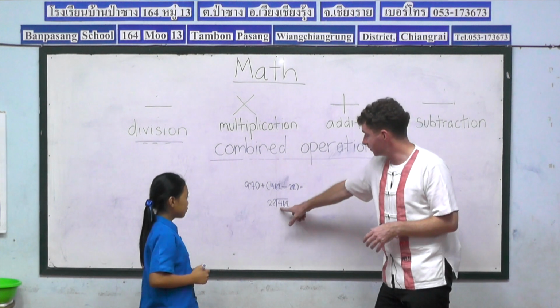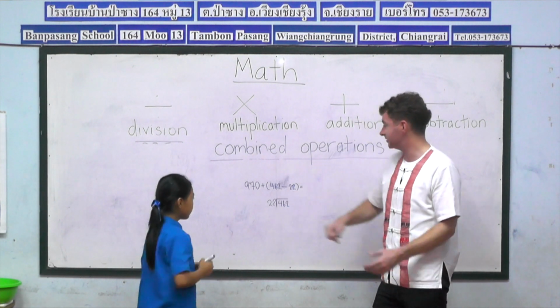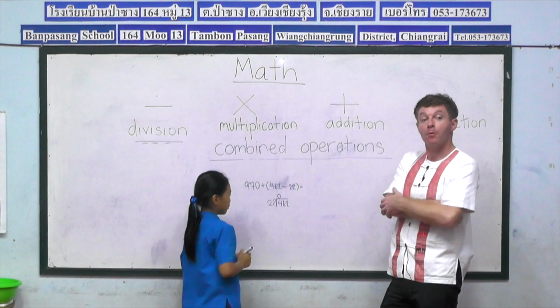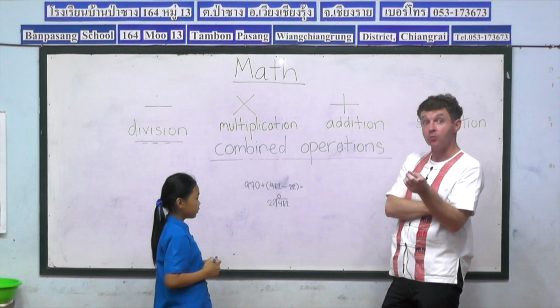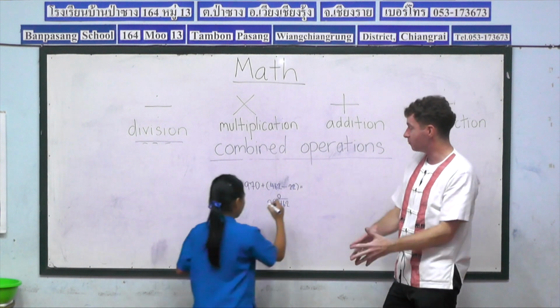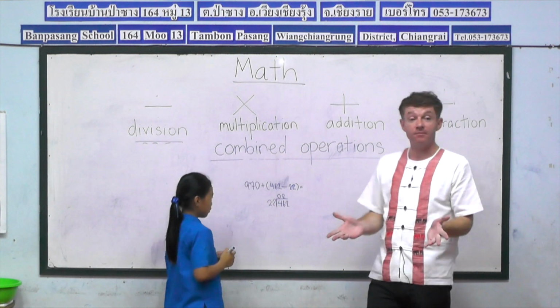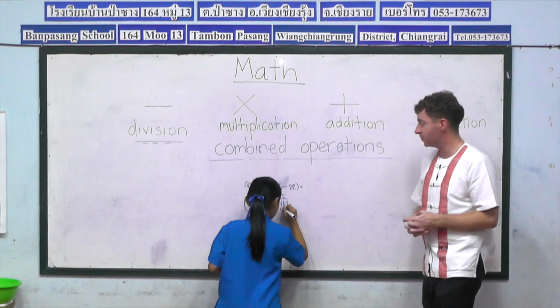So we know the 4 is too small for the 2-digit divisor. We can write 0. But then, how about 46? 22 will go into 46 2 times. So we can write 2. Excellent, Nadia. And then 44. 2 times 22, 44.